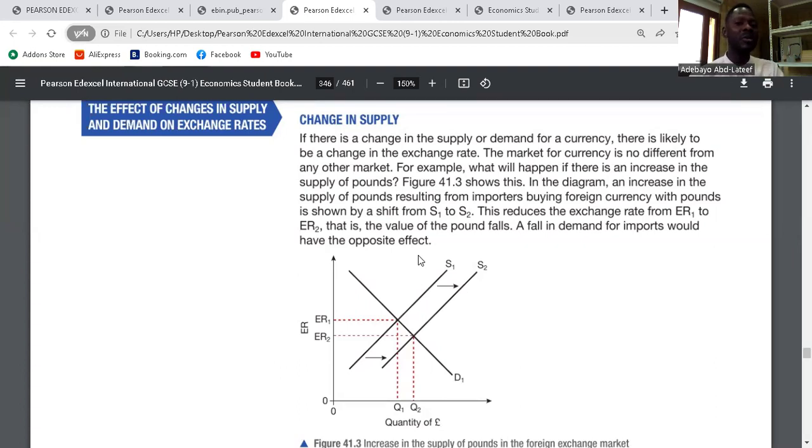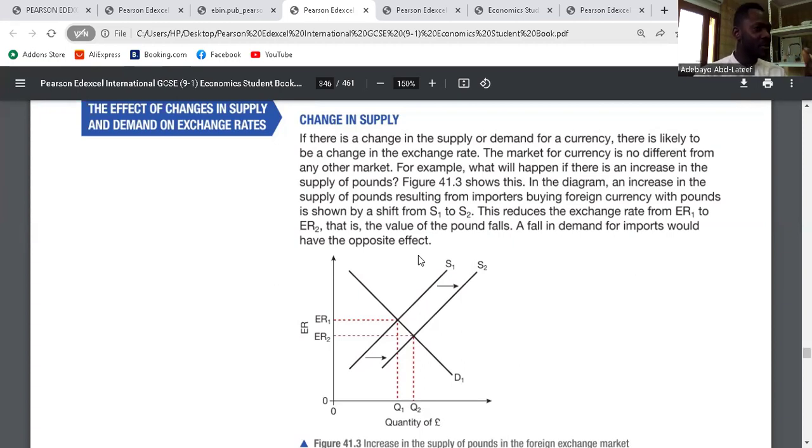An increase in the supply of pounds resulting from importers buying foreign currency with pounds will shift the supply from S1 to S2. That means there's an increase in supply from S1 to S2. Why is there an increase in supply from S1 to S2? It's as a result of the quantity of importation increasing from Q1 to Q2. Do you understand? So here, an increase in imports from Q1 to Q2 will definitely increase the supply of pounds in the market from S1 to S2.